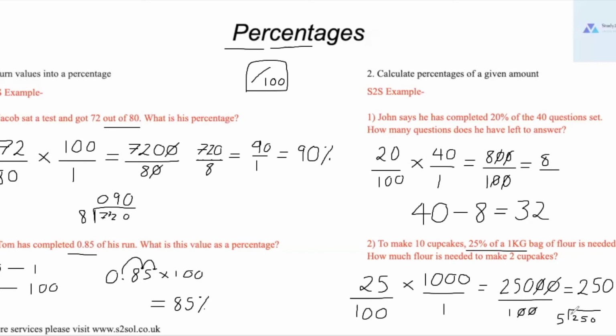So 250 divided by 5 gets us the answer of 50 grams. Therefore, 50 grams is needed to make 2 cupcakes.